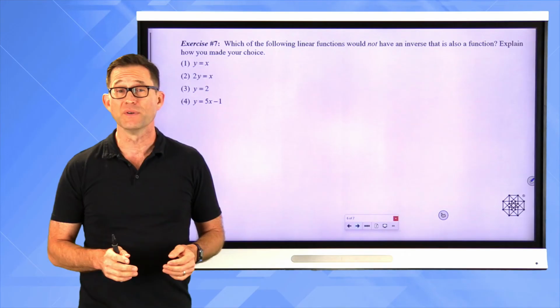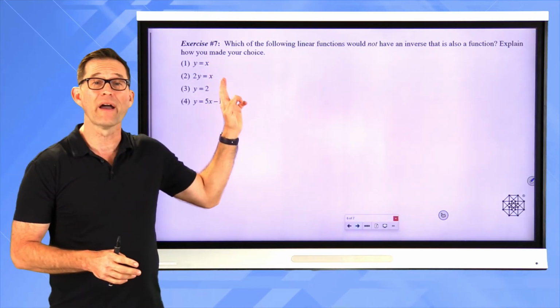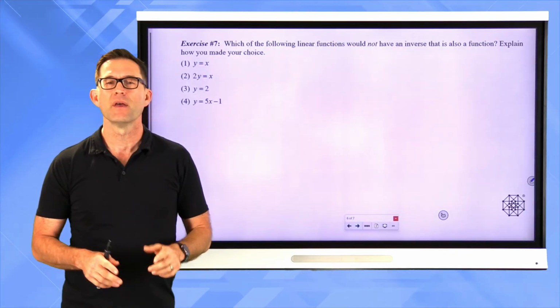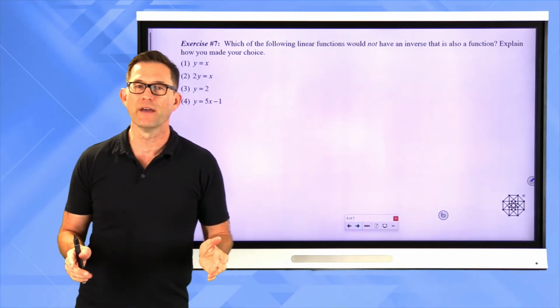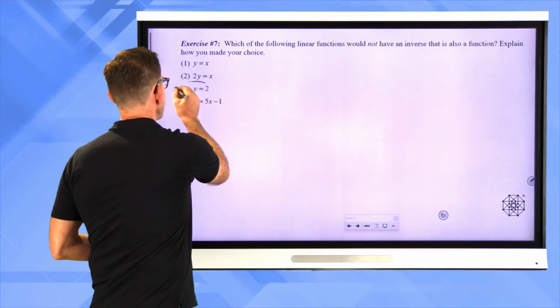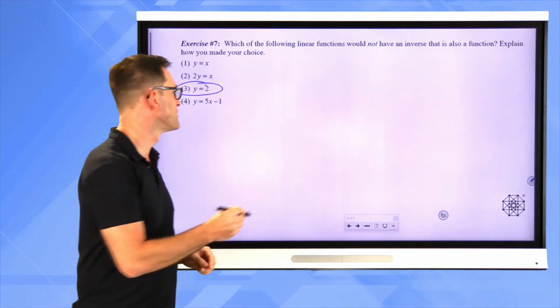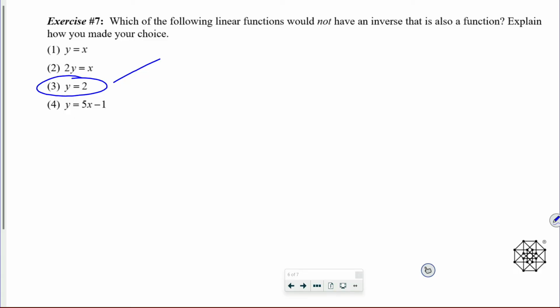Well, one thing you could do is literally switch x and y in every one of these things and see if something occurs to you. But look, ultimately speaking, the correct answer is going to be y equals 2, right? And the reason it's going to be y equals 2 is this is a horizontal line.